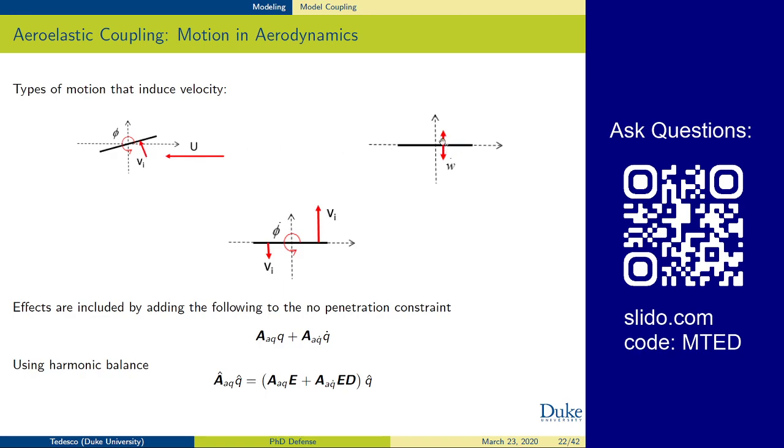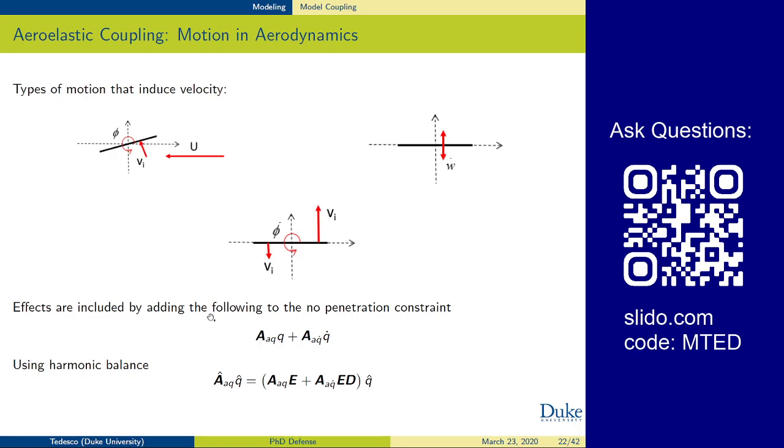The flapping velocity will also create a normal velocity on the airfoil that we'll need to include. And on the bottom, we have a torsional velocity, so an angular velocity, which does create a tangential velocity depending on how far away each panel is from the axis of rotation. So all 3 of these values have to be accounted for as we create the motion in the aerodynamics.